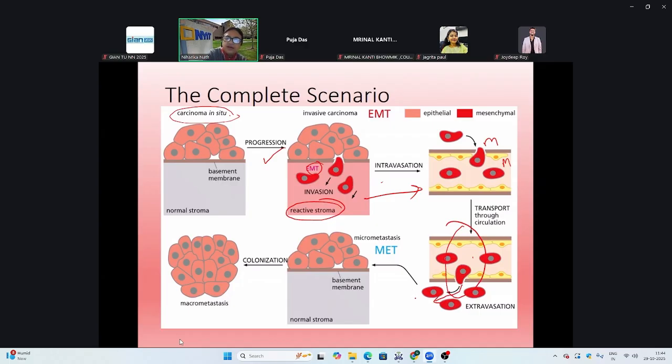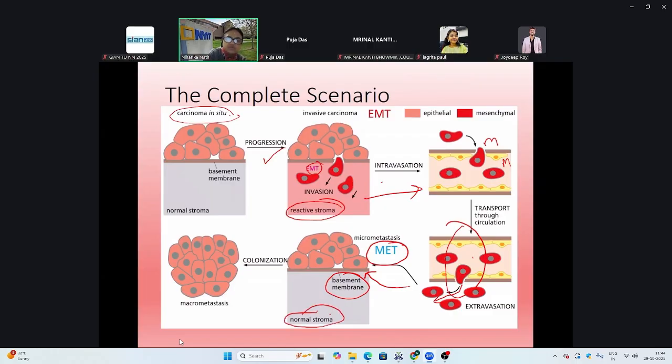And when they are able to sneak out, and they are next to the tissue, then they go MET. So from EMT, they go back into their form, and then they become more cuboidal, and then they attach to this basement membrane where possible, and they probably take the help of the stroma. But here, this is a normal stroma. The stroma doesn't have to do anything.